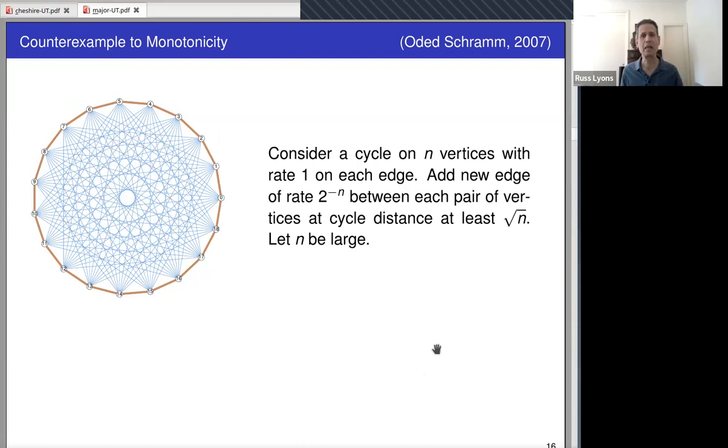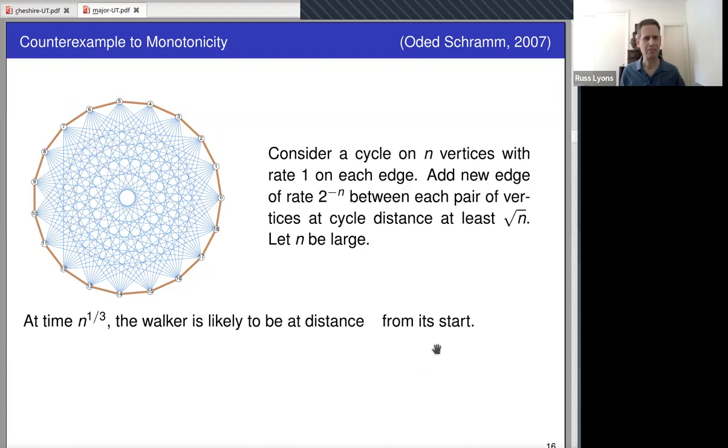I claim this is going to be a counterexample. And you're going to help me prove it. Let's look at time n to the 1/3. Time is continuous, but we're going to look at time n to the 1/3. I claim that the walker in this new network is likely to be at a certain distance from its starting point.